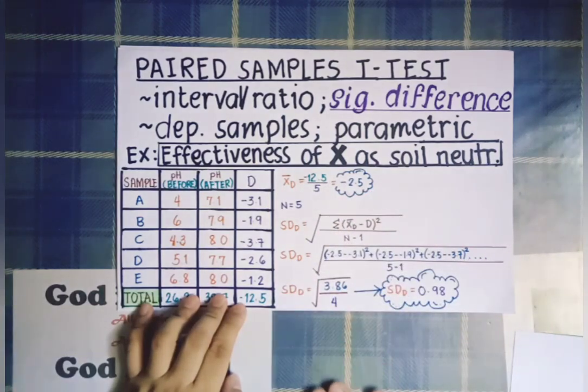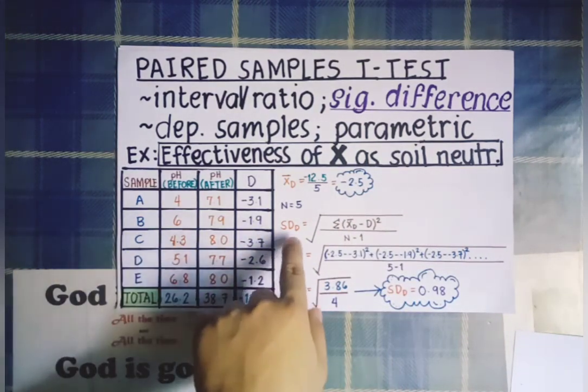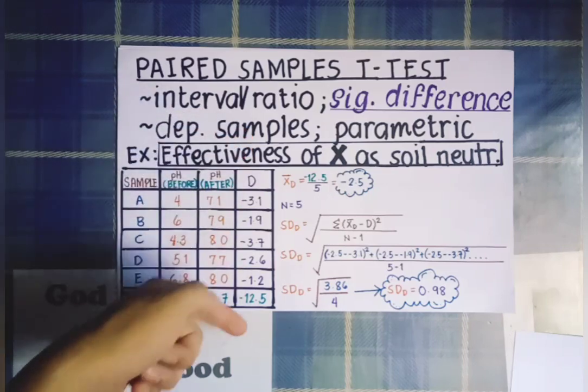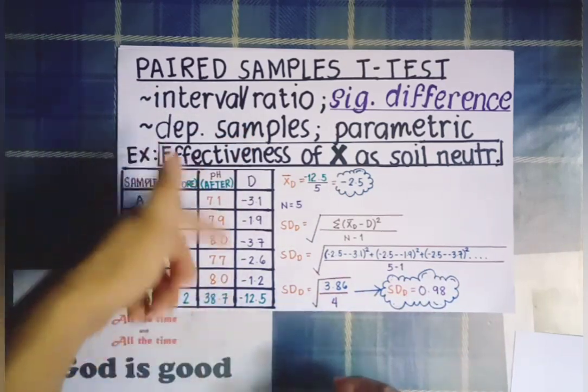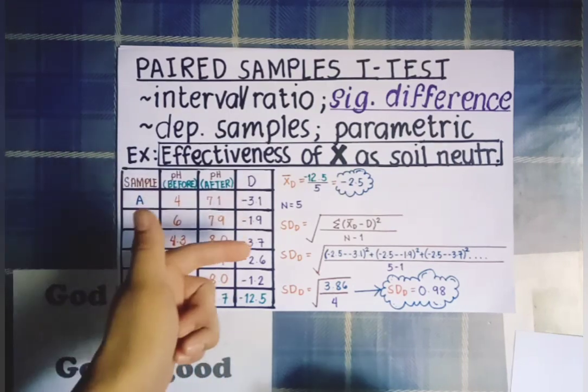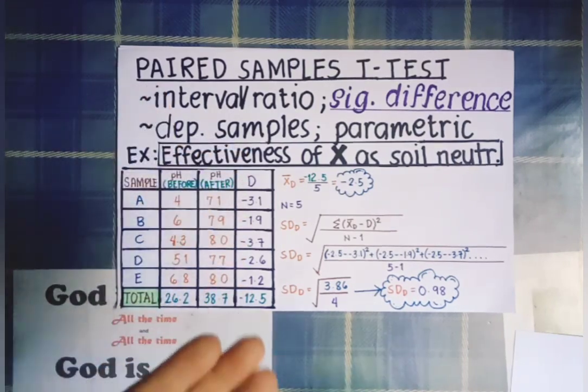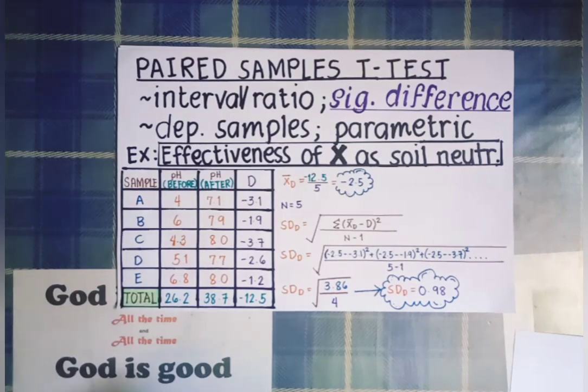Okay. Also, we are required here to get the standard deviation for this difference. So again, we are not going to get the standard deviation for before or after, but we are going to get the standard deviation for the difference. And again, you already know how to get the standard deviation.